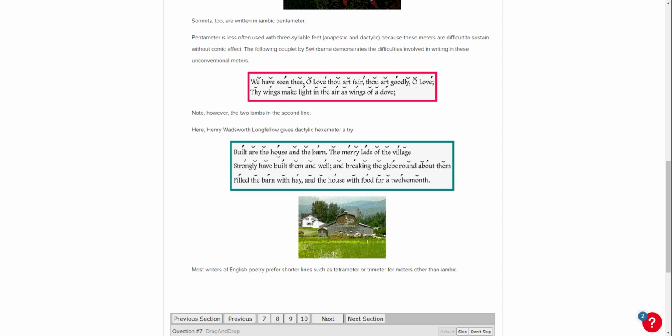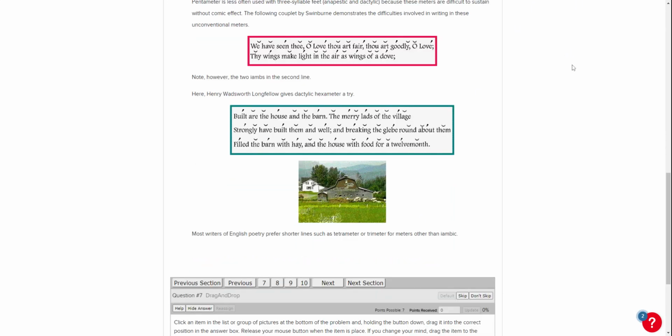So 3 syllables in each set, and then we go to 2 syllables, and then 3 syllables, 2 syllables. So it kind of goes back and forth, but there's still a total of 6 feet in that line, and that pattern continues through everything.